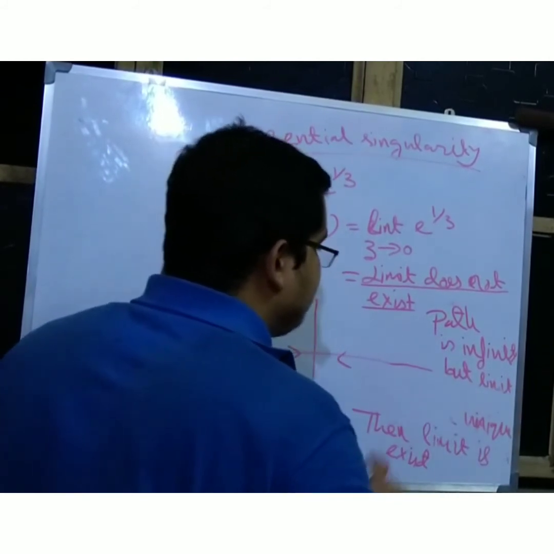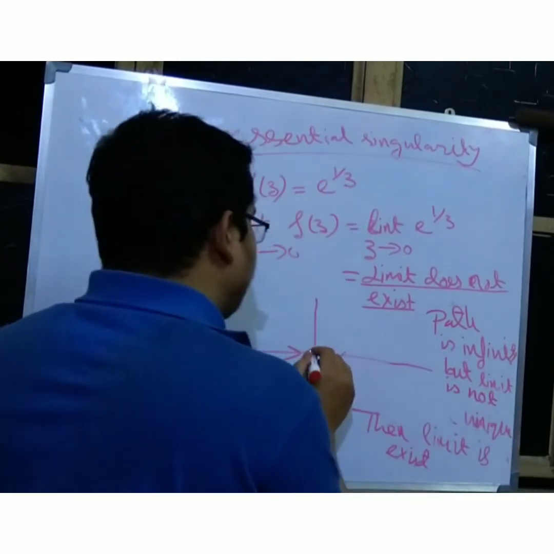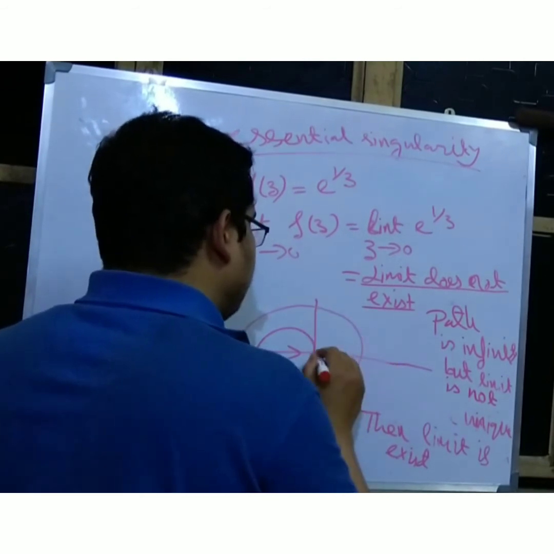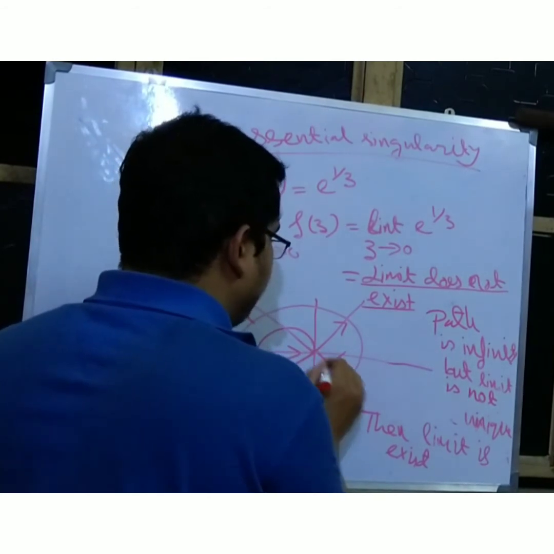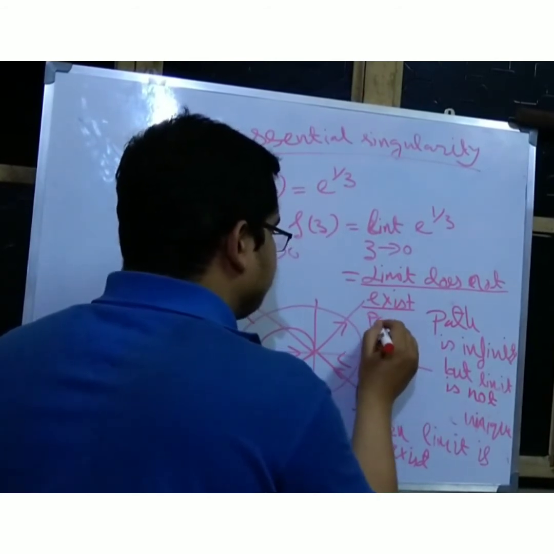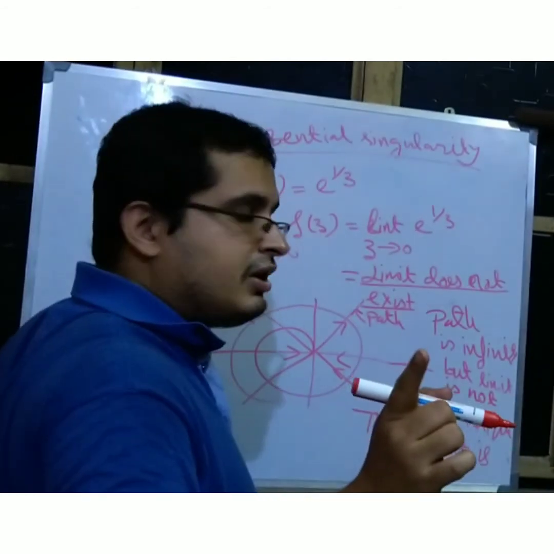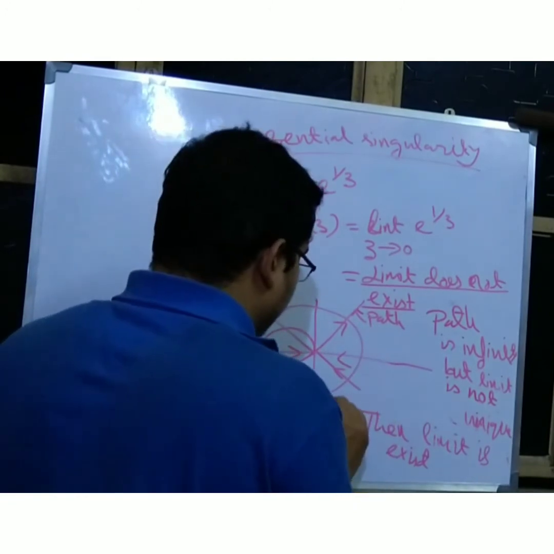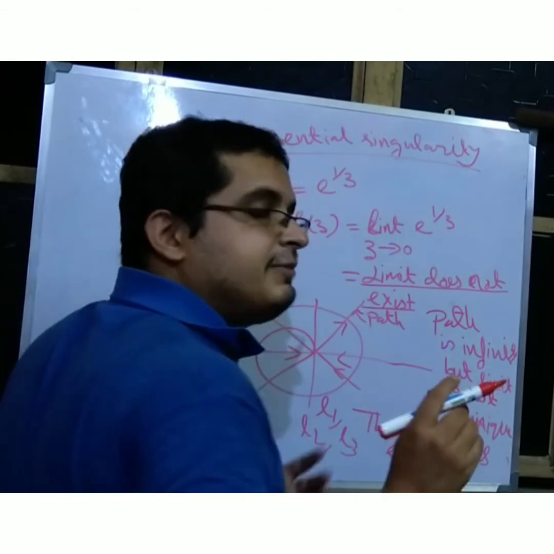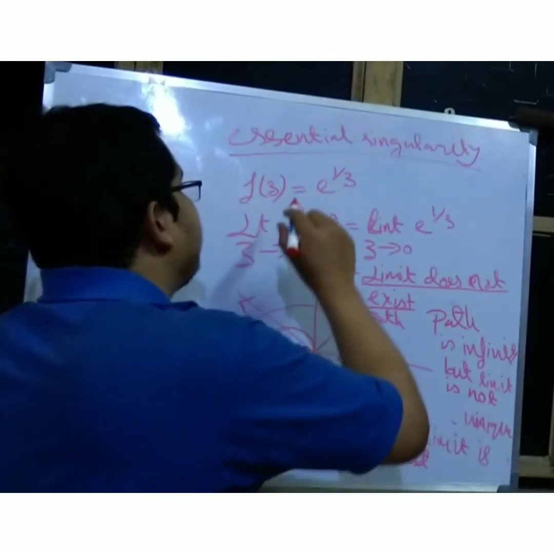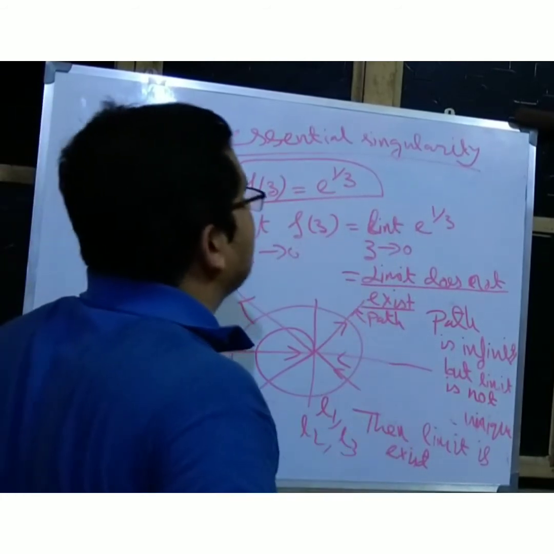The limit may go this way, this is a path, all are paths, and if the limit is equal along all paths, it exists. But here, when the limit does not exist, we get L1 somewhere, L2 somewhere, L3 somewhere, different values. So this is the limit does not exist. This is the essential singularity of isolated singularity.